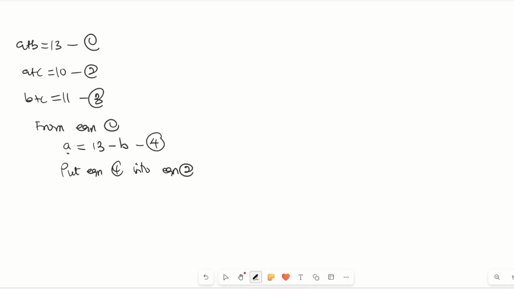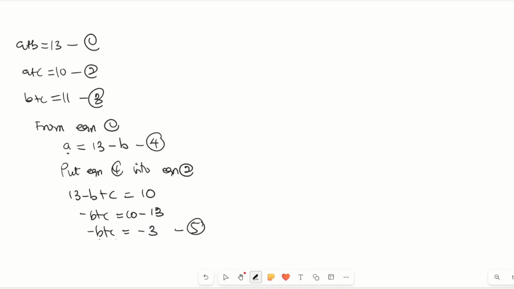So wherever we see A, we put the value of A there, so that becomes 13 minus B plus C to be equal to 10, right? Then we can have minus B plus C is equal to 10 minus 13. So minus B plus C is equal to negative 3. So let's call this equation 5.